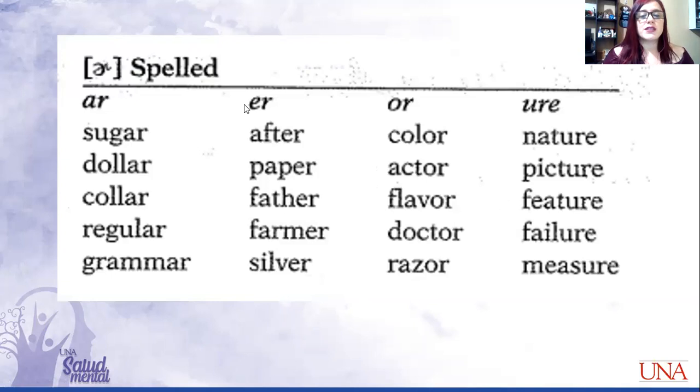So you're gonna listen to the pronunciation and try to repeat: sugar, dollar, color, regular, grammar, after, paper, father, farmer, silver, color, actor, flavor, doctor, razor, nature, picture, feature, failure, measure.